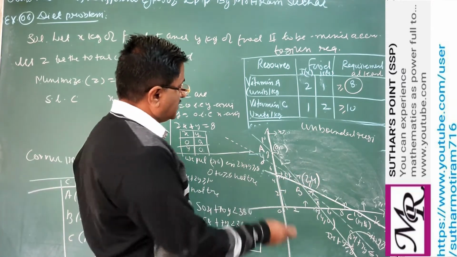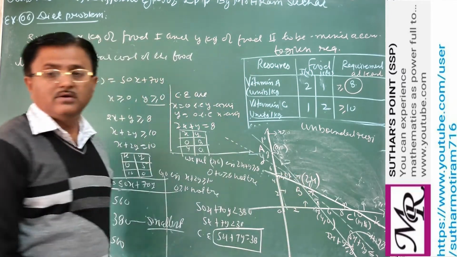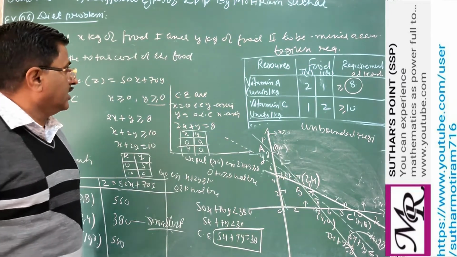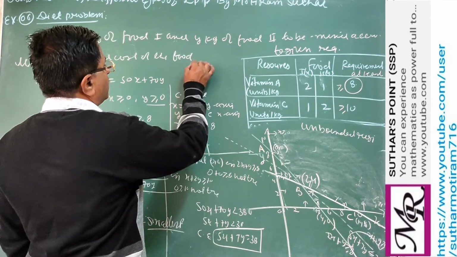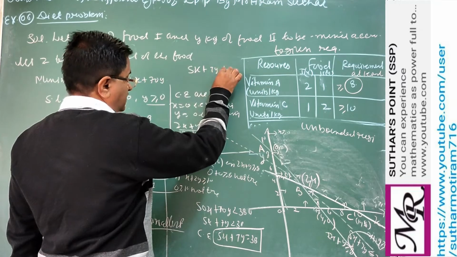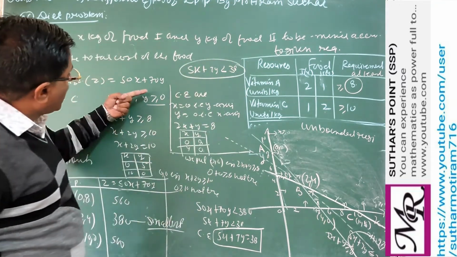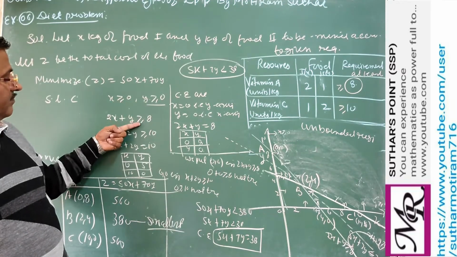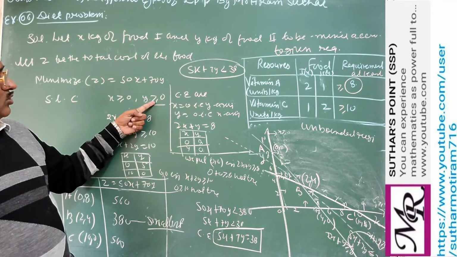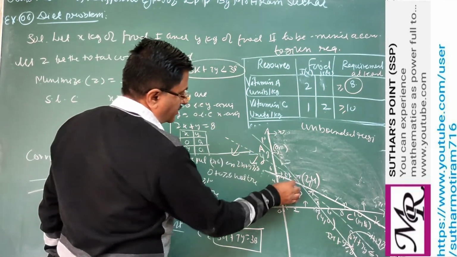So you can say this line is passing through the point 2, 4, but work very carefully here, because in this line we are using less than, 5x plus 7y less than 38. But in the other lines we are using greater than or equal to. So the solution of this line is toward this side, the objective line.